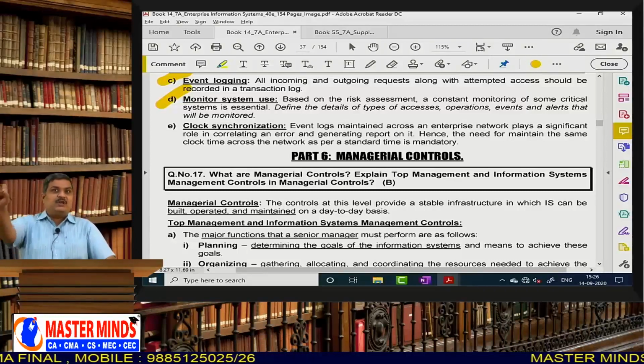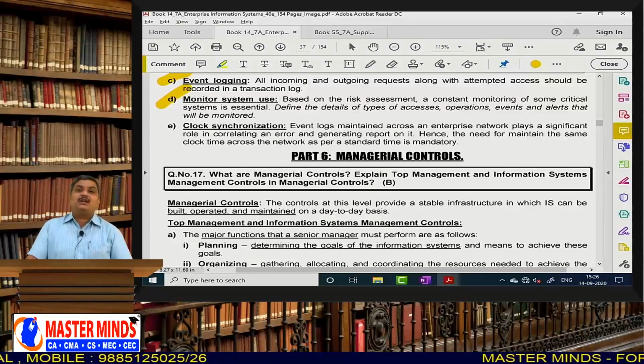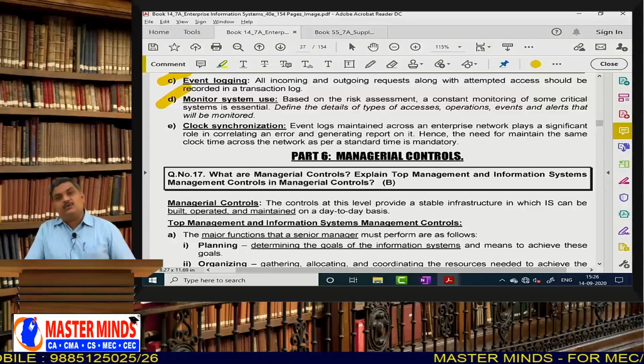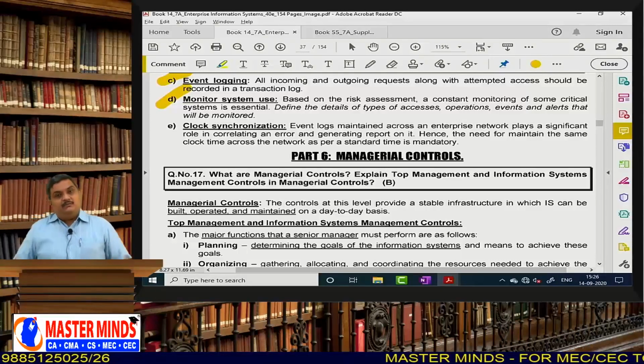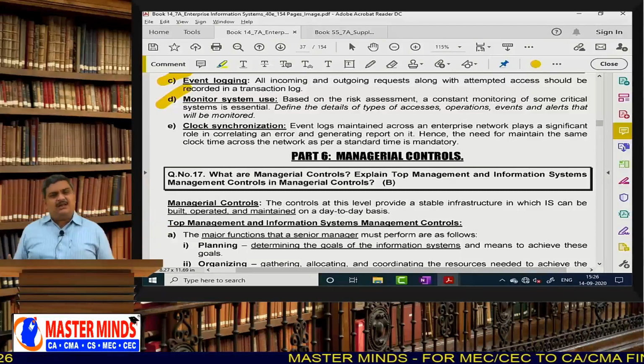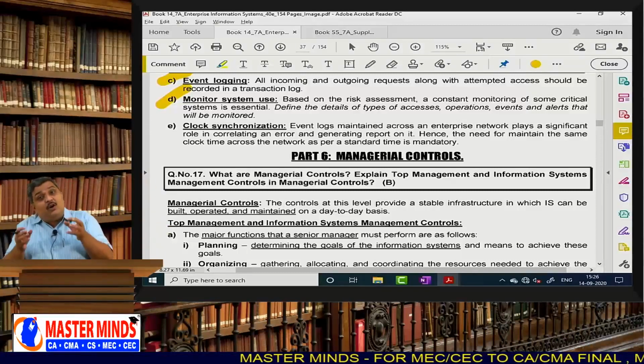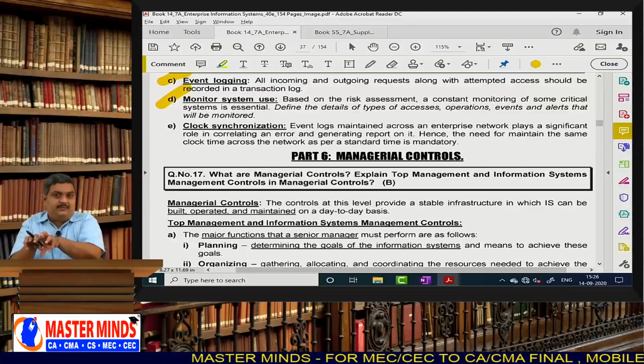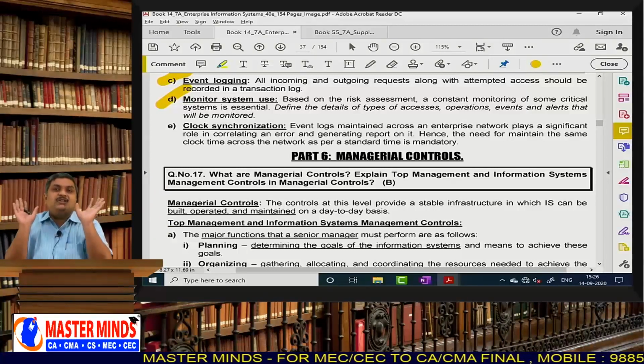So you need to have a special eye on those critical and important systems. Of course, we will have general logs and general controls on all the terminals, but exclusively on some special terminals, you need to have a special eye on them.